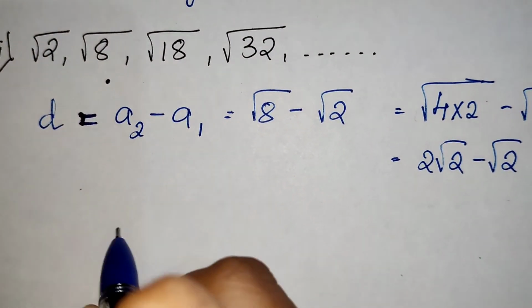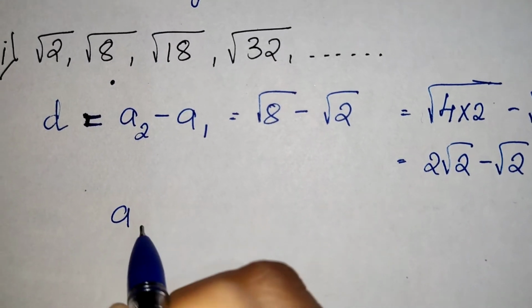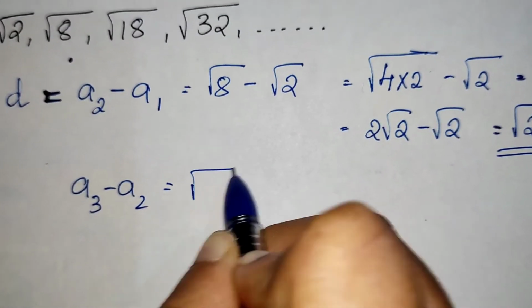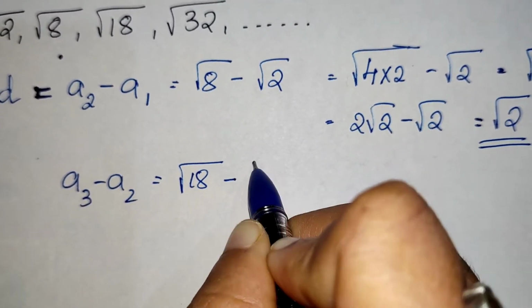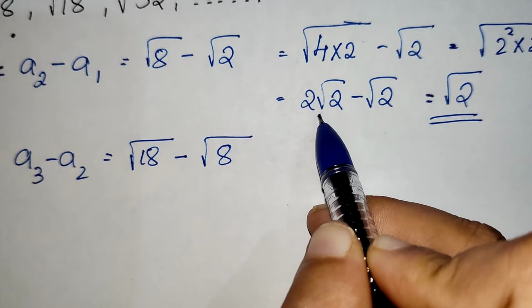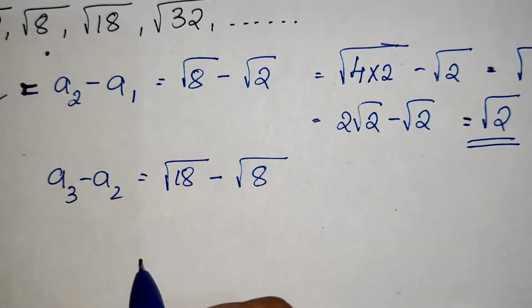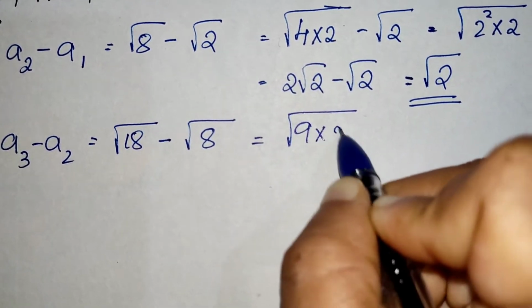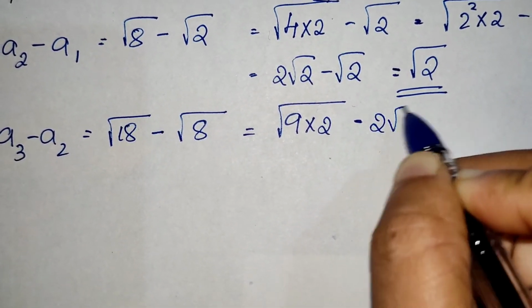Let us check the common difference in the second scenario, that is a3 minus a2, which is root 18 minus root 8. Root 8 I will directly write as 2 root 2, and root 18 I'll write as 9 into 2 minus 2 root 2.